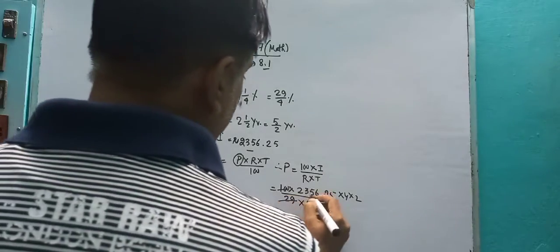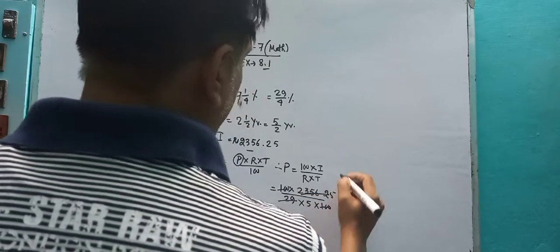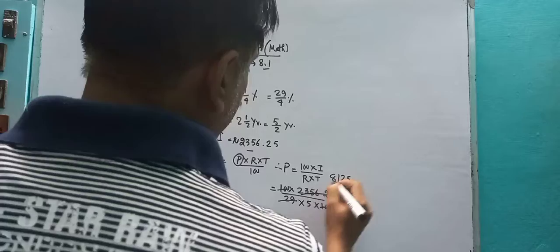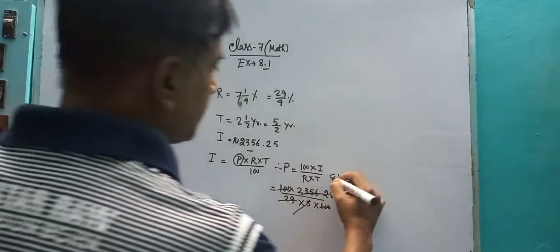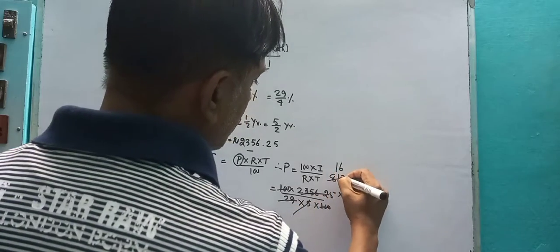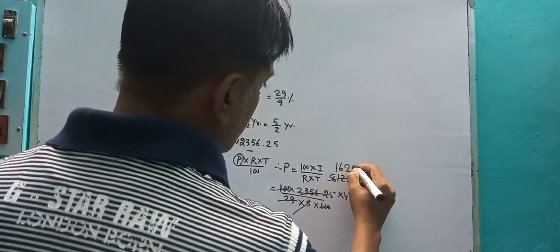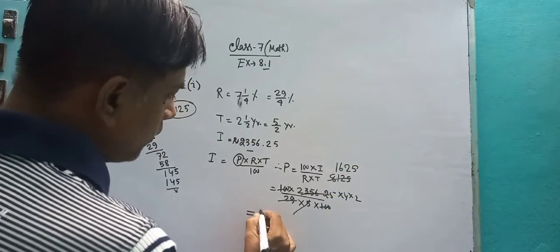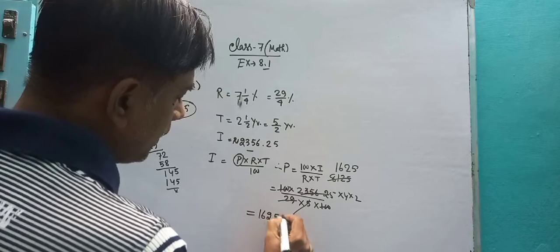So cancel it, you get 8125. Now cancel by 5. So 1625 into 8.